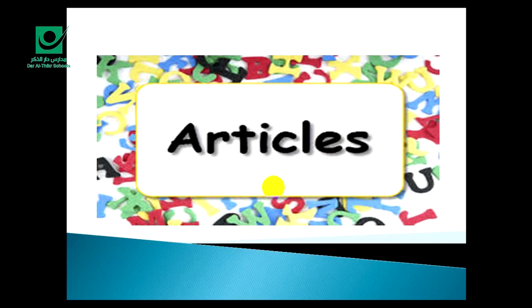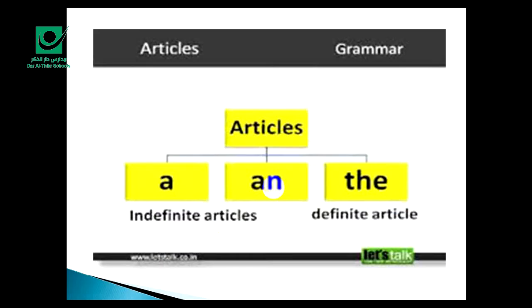Okay, articles. We use them before nouns, and that's like a, an, or the, or we can use nothing before the noun. How can I use any one of those?